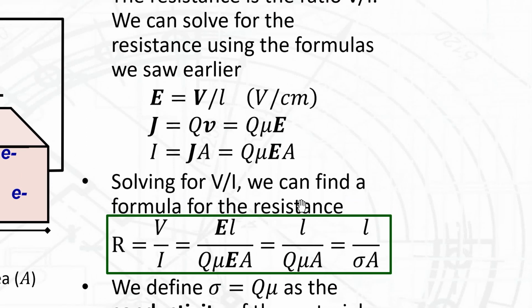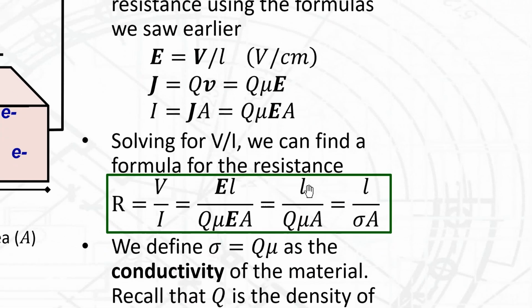If you look at L, which of these are material parameters and which ones are geometric parameters? L and A are geometric parameters, right? And Q and mu have to do with the material properties. So as engineers, we like to separate those two out because the material properties, the Q and the mu, are going to be determined by how the material was made.